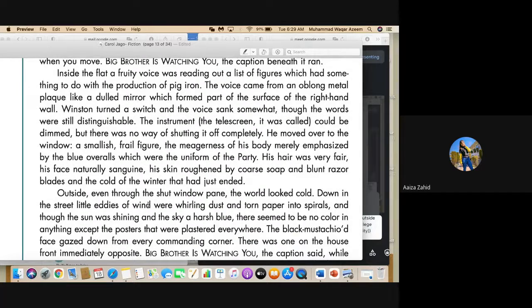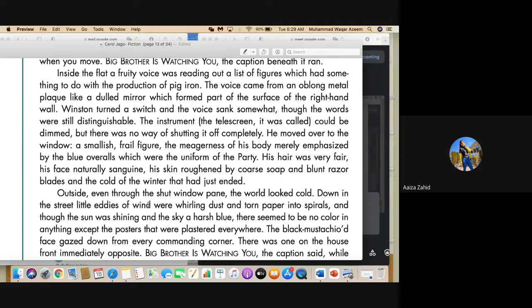Inside the flat, a fruity voice was reading out a list of figures which had something to do with the production of pig iron. The voice came from an oblong metal plaque, like a dulled mirror, which formed part of the surface of the right hand wall. Winston turned a switch, and the voice sank somewhat, though the words were still distinguishable. The instrument, the telescreen it was called, could be dimmed, but there was no way of shutting it off completely.